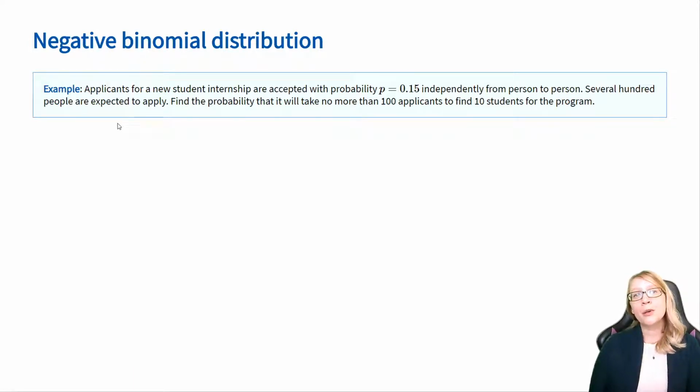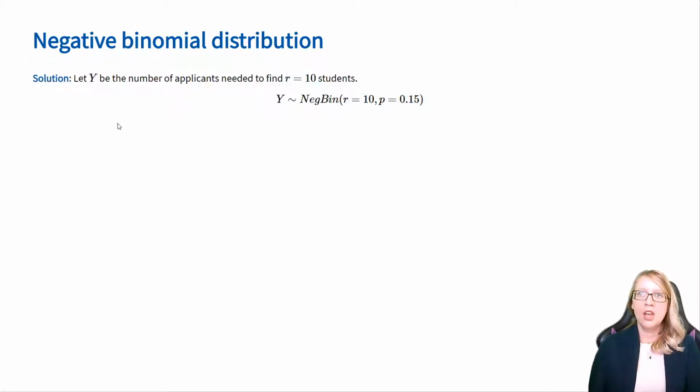What we'd like to do is find the probability that it will take no more than 100 applicants to find 10 students. So Y will be the number of applications we need to review until we find those successes, those students for the program. Y is then distributed negative binomially with target number of successes r equal to 10, probability of success 0.15.